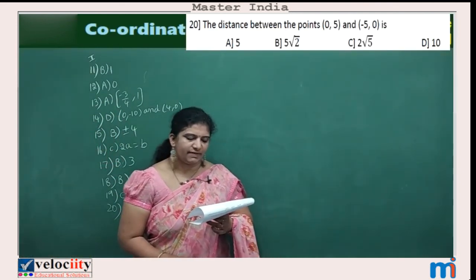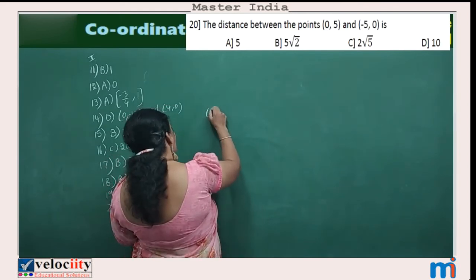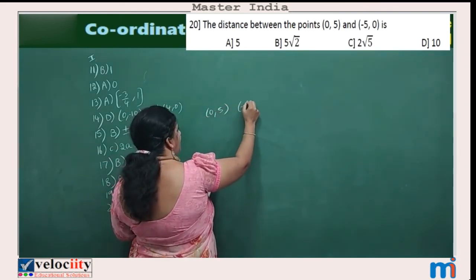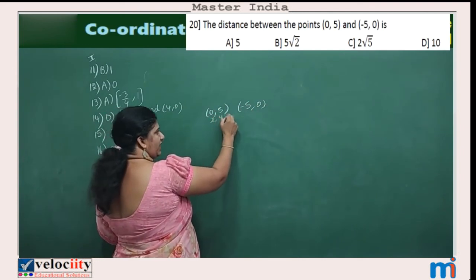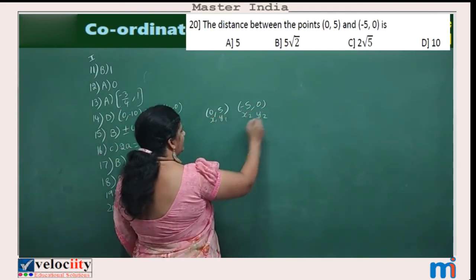20th one, the distance between the points 0, 5 and minus 5, 0. Okay, x1, y1, x2, y2.